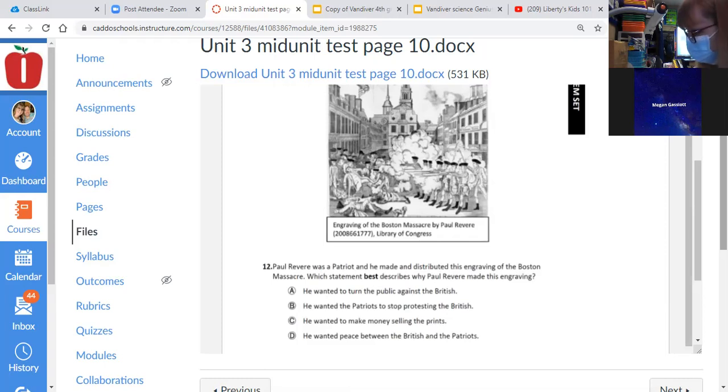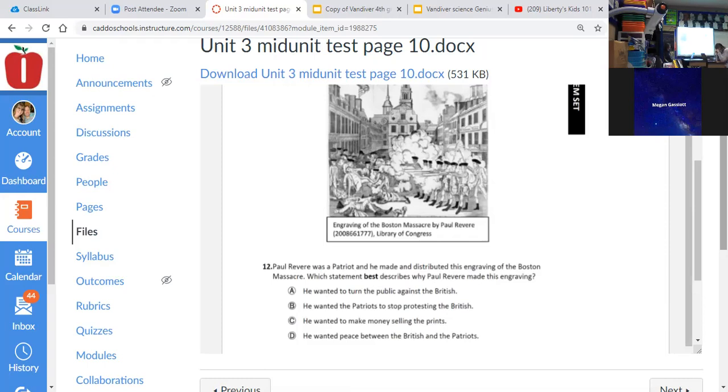Because our work that we're going to do today for points is triangular trade. I have it loaded on today's Canvas page. So when you send me a picture of your triangular trade work completed, just send me a picture of the front of your Rebellion to Revolution packet too. And it's going to be for bonus points. Okay.